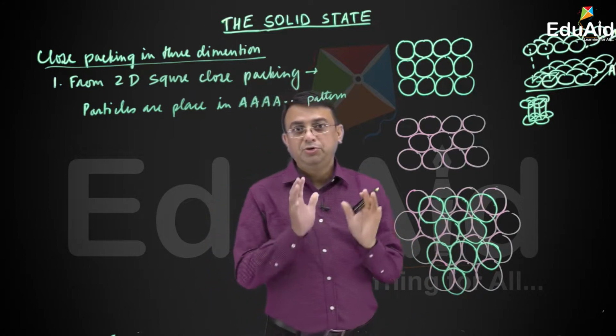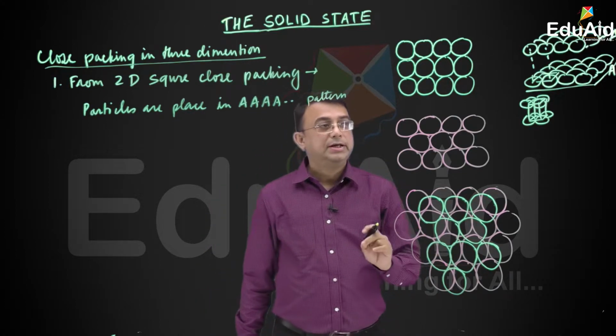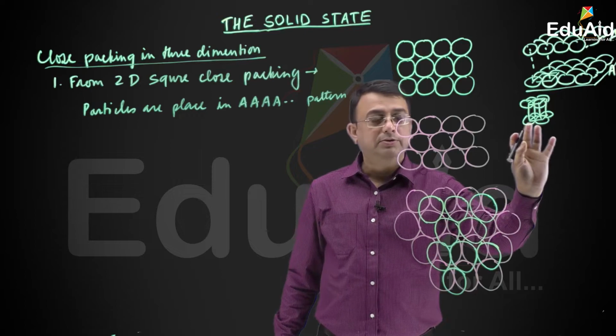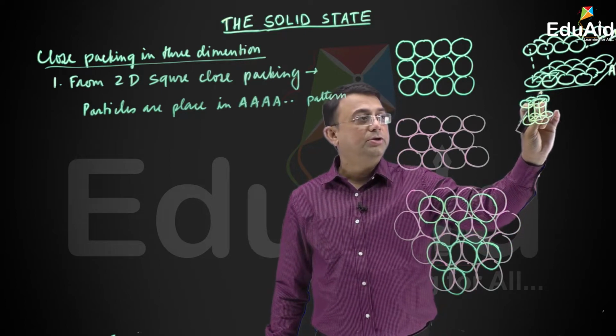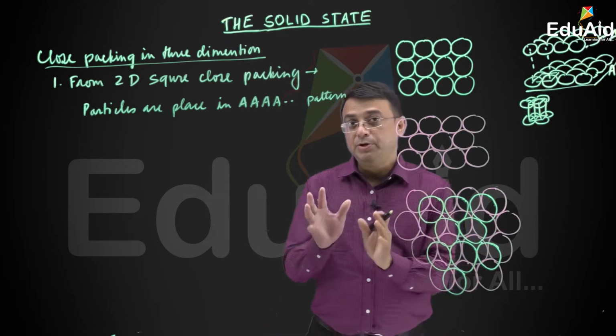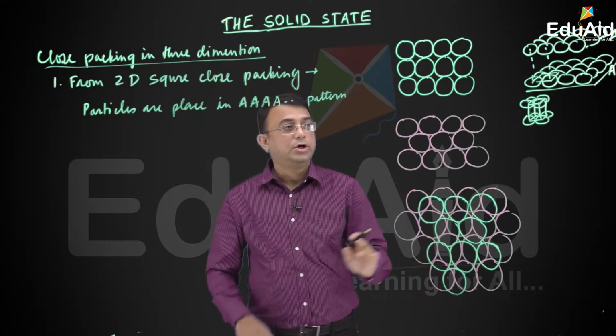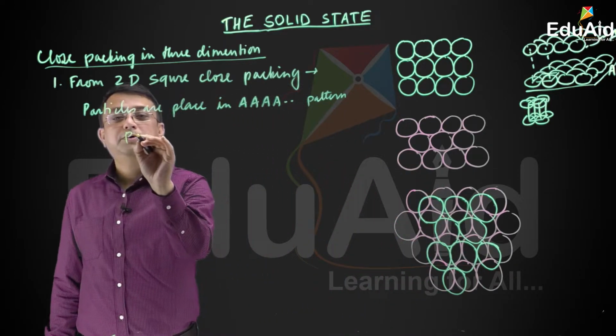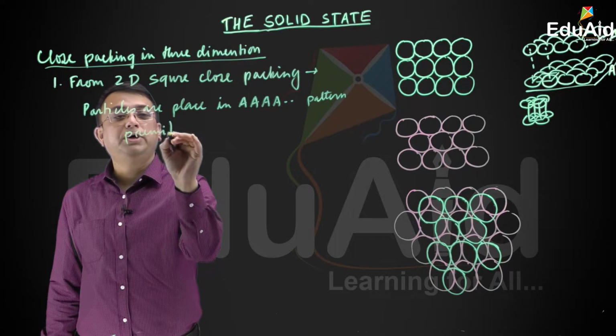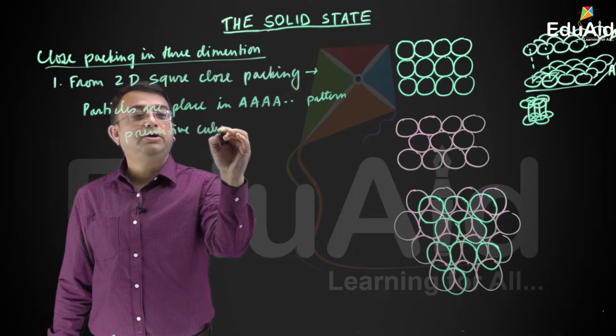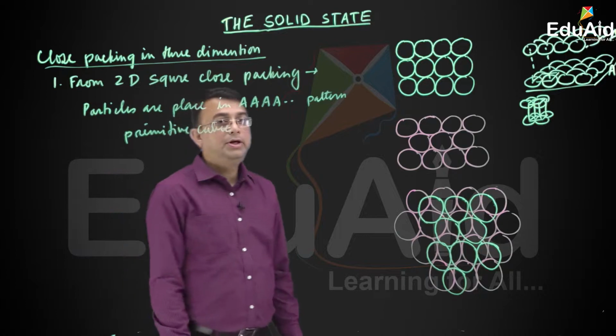Now if we have a cubic unit cell in which particles are found only at the corner, what did we call it? We called it the simple cubic. It is the primitive cubic unit cell, isn't it? Primitive cubic unit cell.